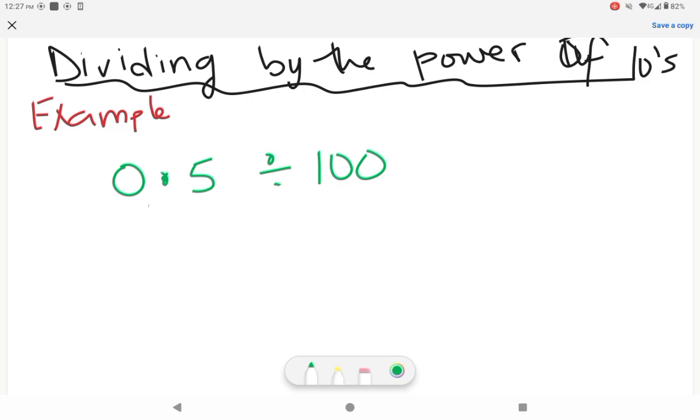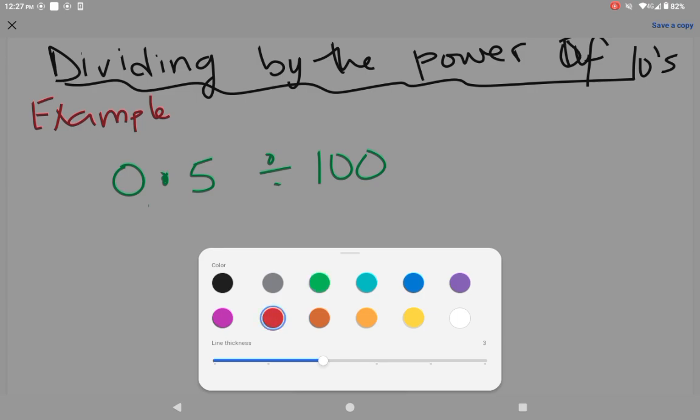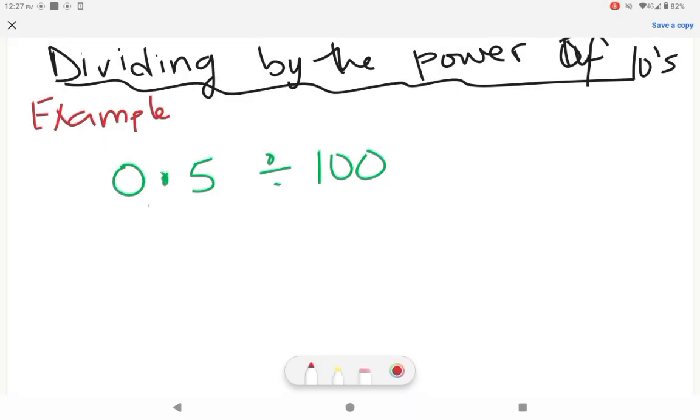All I know is that I must start my jumping from the ones, and the number of times I have to jump has to do with the power of tens. I'm dividing by 100, and 100 has two zeros. That means I have to jump twice.